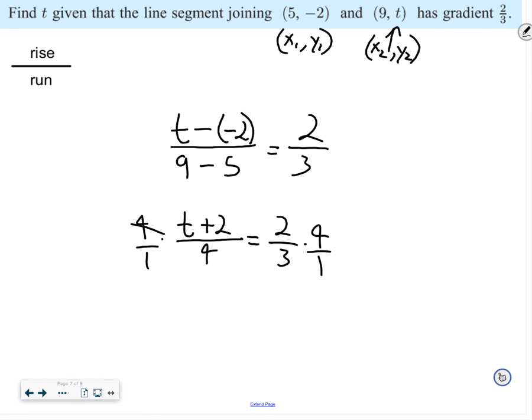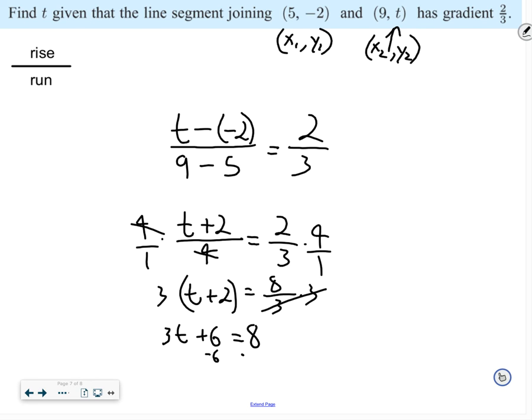Okay, these will cancel out, and I'm left with t plus 2 here, which is equal to 8 over 3, multiplied by 3, multiplied by 3. These cancel out, and I distribute: 3t plus 6 is equal to 8. Subtract 6 from both sides, and I get 3t is equal to 2. Divide by 3, divide by 3.